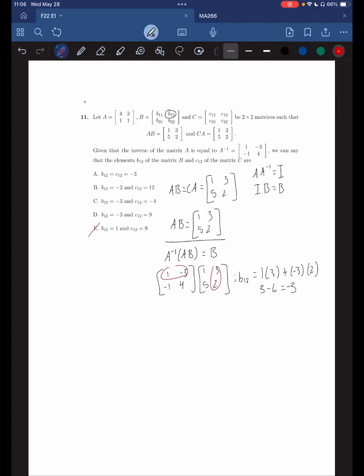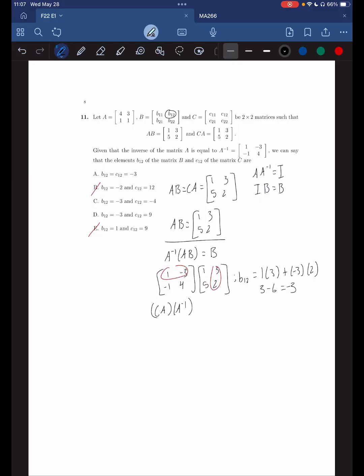Just off the bat, we can cross these two out. We're going to do the exact same thing for CA, except we're going to multiply A inverse on the right side. Because, again, A times A inverse is I. CI is going to be C. Right, we know what CA is.